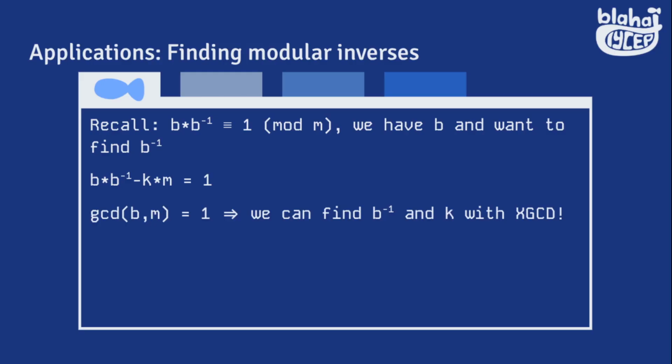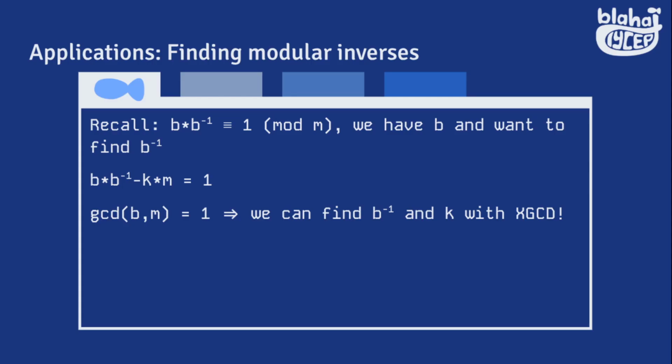And then since the GCD of b and m is equal to 1, we recall our original Bézout's identity statement, where it says that for some integers a and c, ax plus cy equals GCD of a and c. And here our c is our m, and our a is our b. So we're just substituting it in.